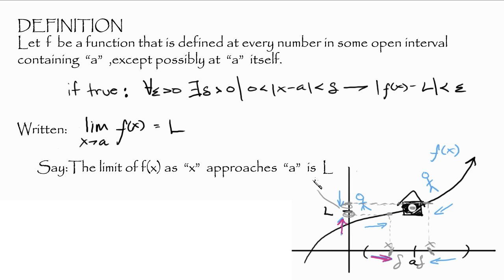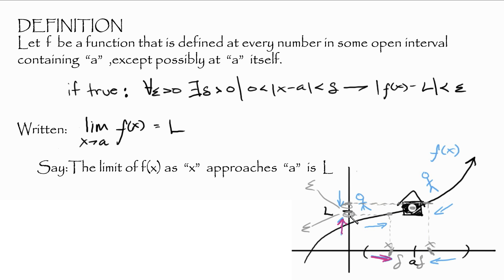This over here is called an epsilon tolerance. It's the gaps between the value of this x in the function corresponding to a value on the y-axis and the limit itself, both on the top and the bottom.